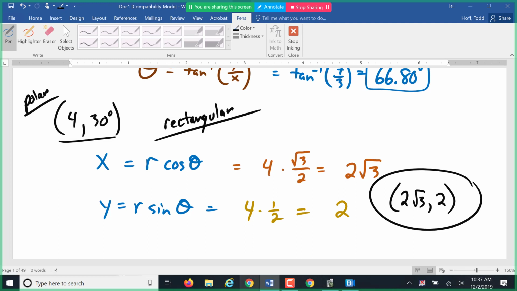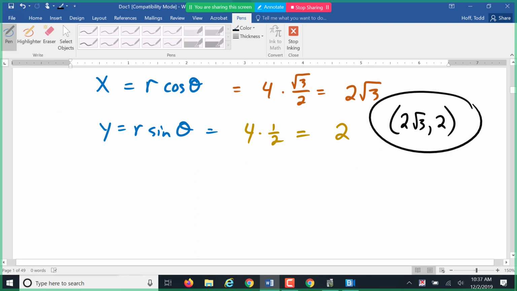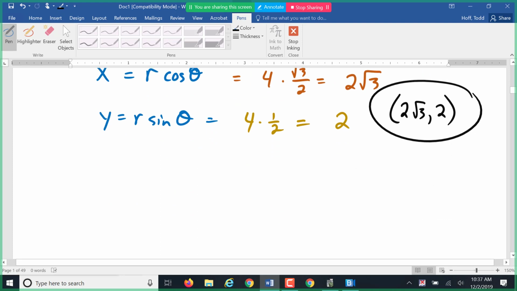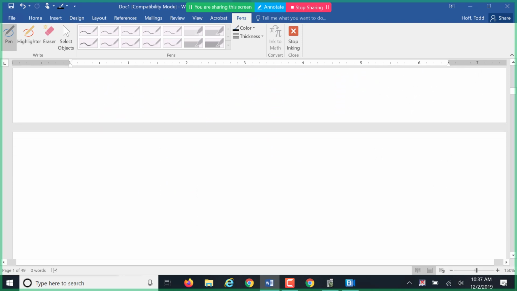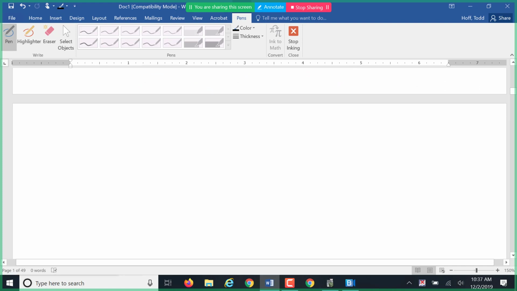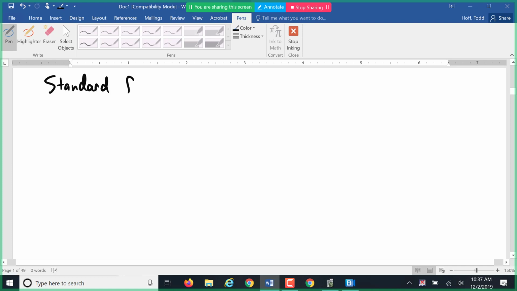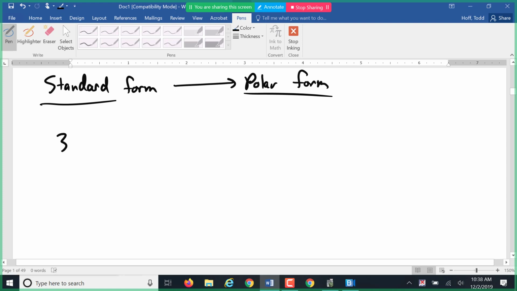Well, let's look at converting complete equations. If I have an equation in standard form, and I want to convert it into polar form, let's start out with a relatively simple one, like 3x plus 2y equals 7.